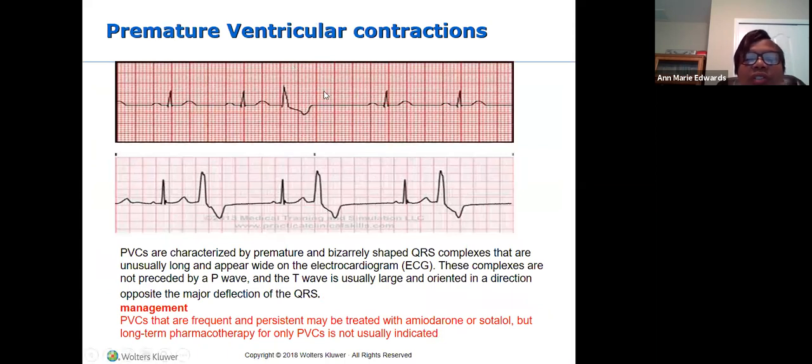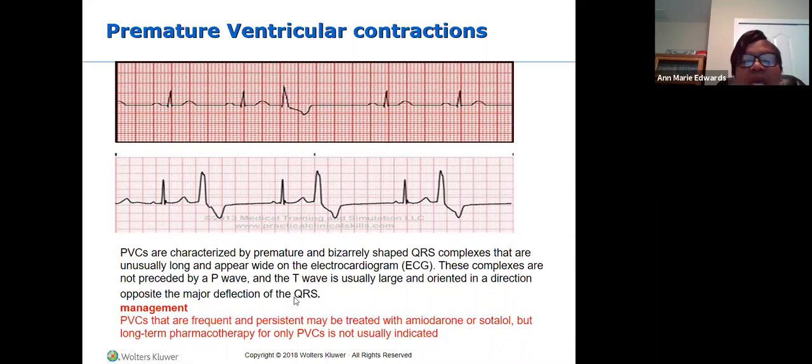Premature ventricular contractions. These are premature. They occur before they should. These ventricular contractions occur before they should. Generally speaking, PVCs are characterized by premature and bizarrely shaped QRS complexes. Remember, your QRS is your ventricles.